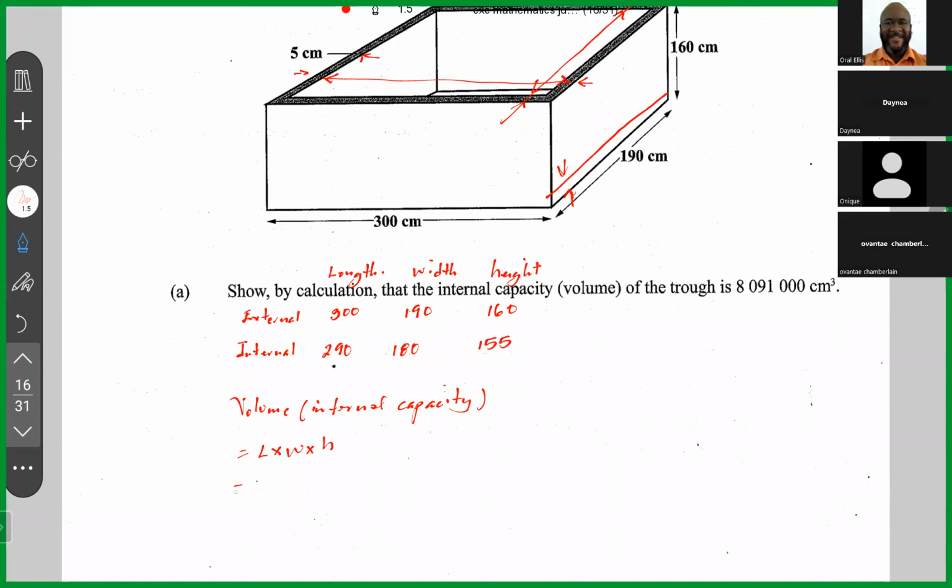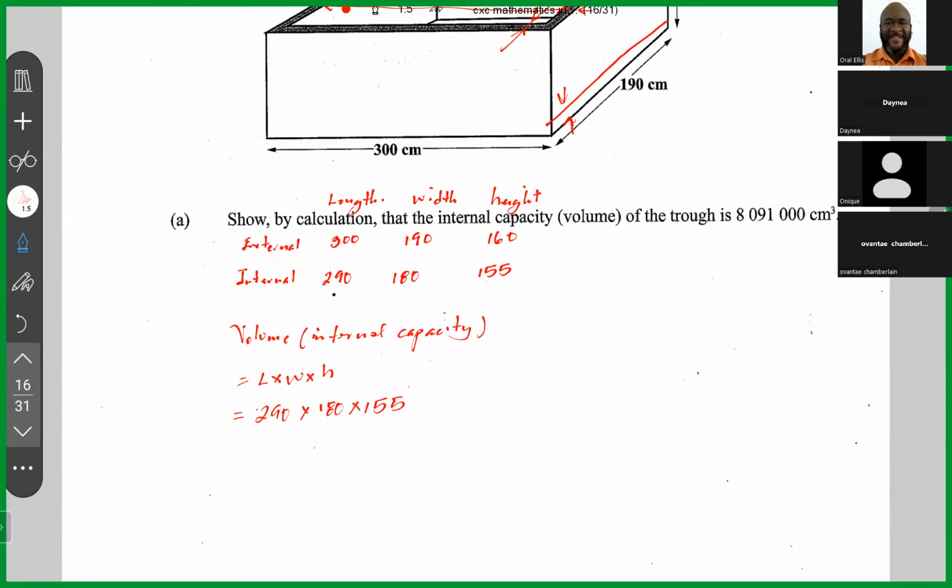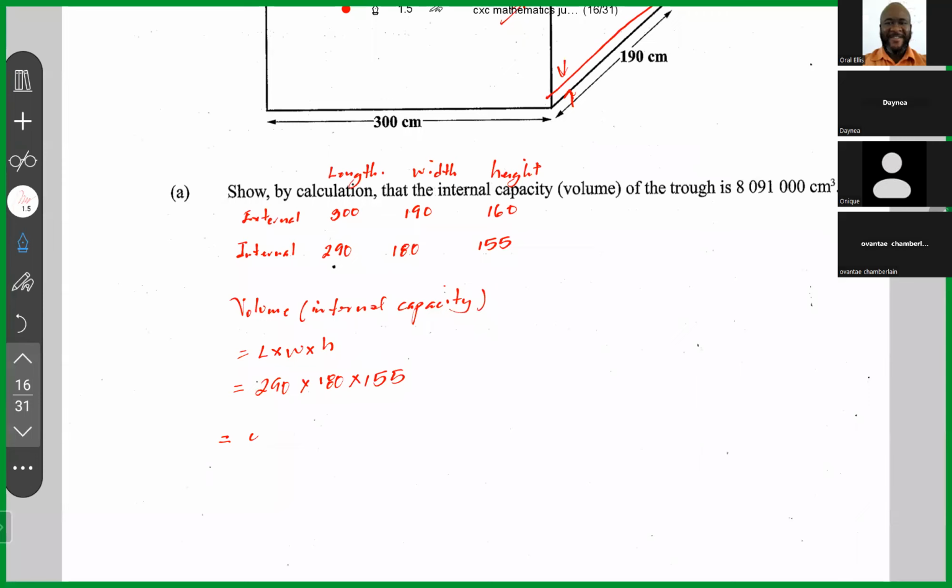These are the internal dimensions, 290 times 180 times 155. And I am 100% sure that this is going to be 8,091,000 centimeters cubed. That's the internal capacity of the container.